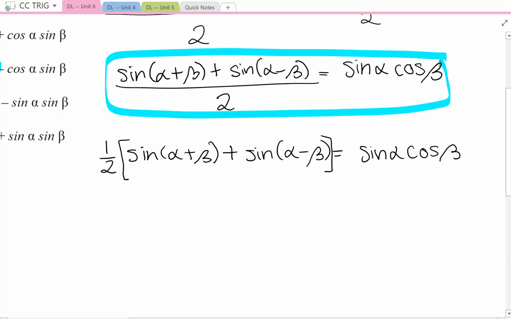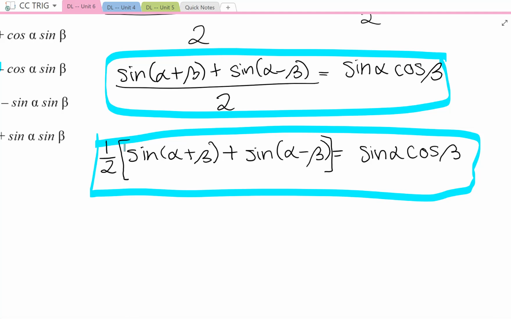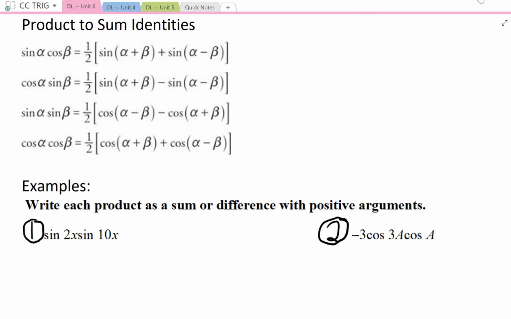So this is an acceptable way of writing the formula, and this is also an acceptable way of writing the formula for how to change the product sine alpha cosine beta into a form where you are adding or subtracting instead of taking the product. If you do some more algebra, you can find the rest of the identities, and here they are, our product to sum identities. How to turn the product of sines and cosines into a sum, or a difference of sines and cosines.